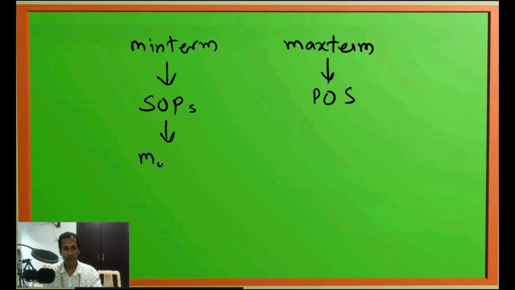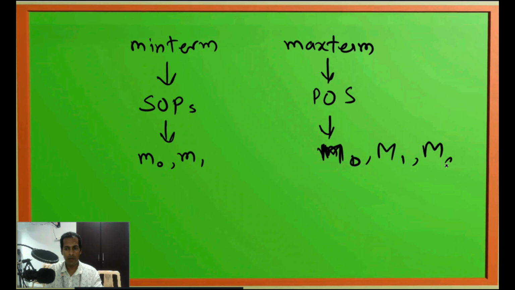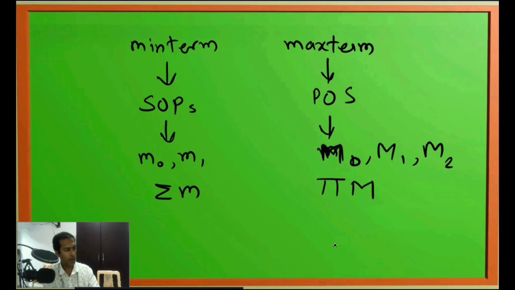Min terms are represented by small letters, max terms by capital letters. This is represented by summation of m, and this is represented by pi M. So these are a few points we have to remember.